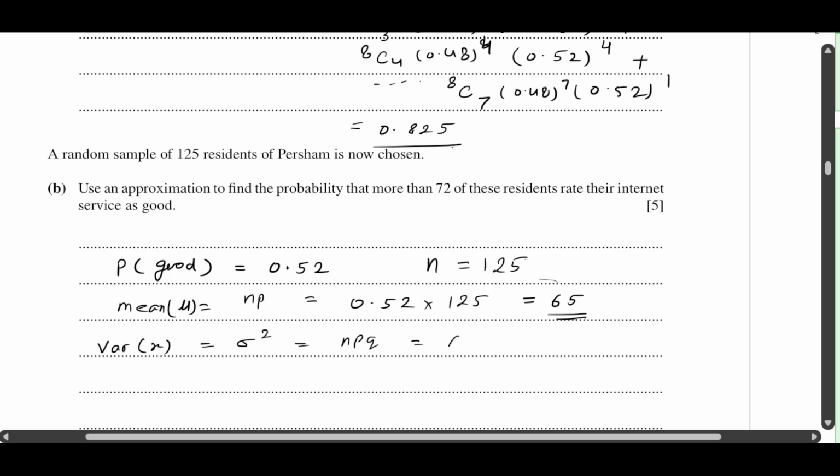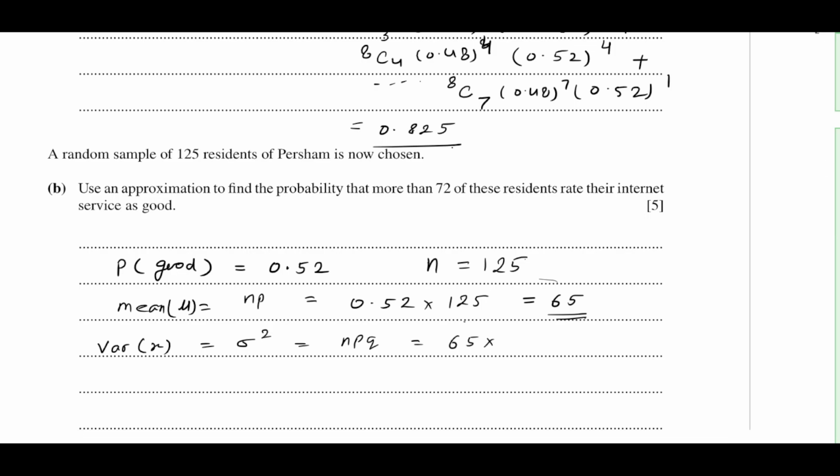So npq is 65 times q, which is 0.48. 65 into 0.48, we get 31.2.